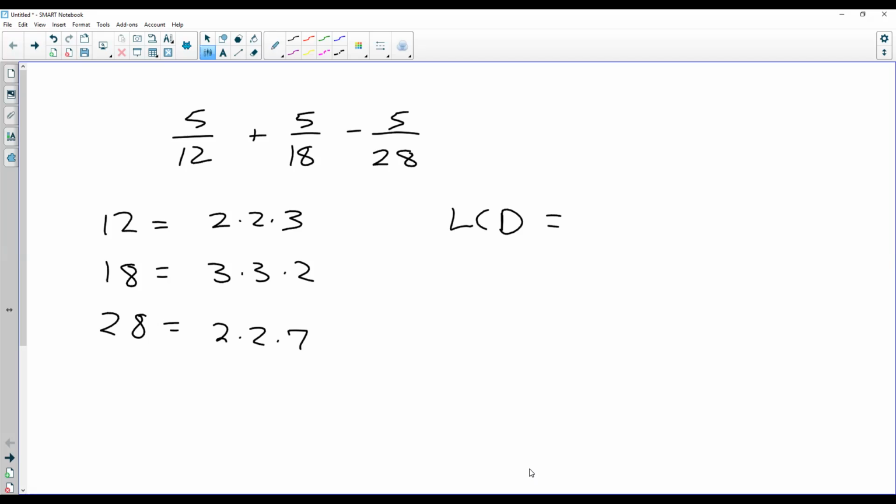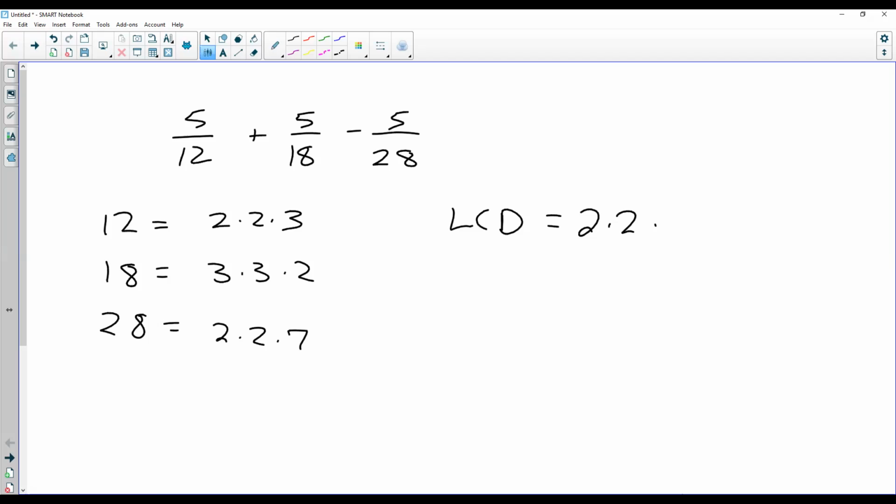And let's look at twos. You have 2 of them here, 1 of them here, 2 of them here. It appears the most times twice, so that's how many you need. Now threes appear once in 12, and 18 has them twice. You've got to have both of those.